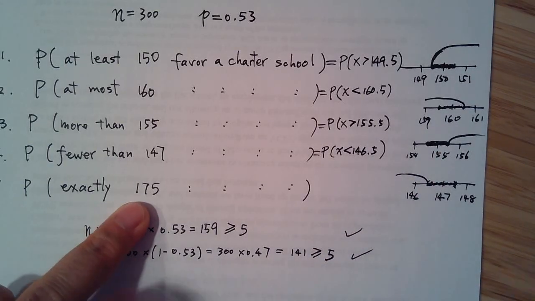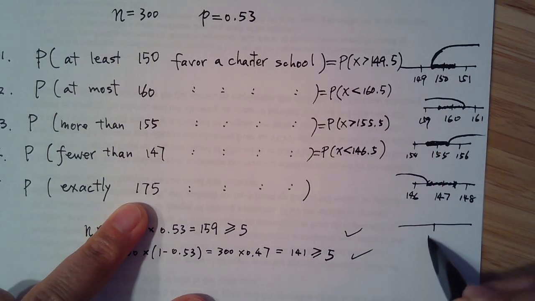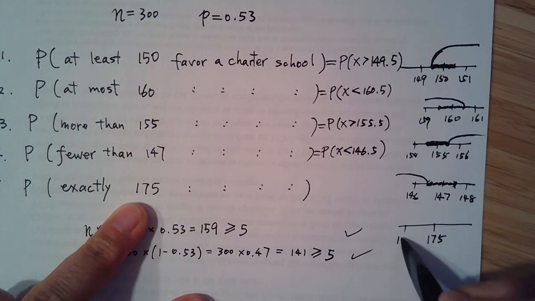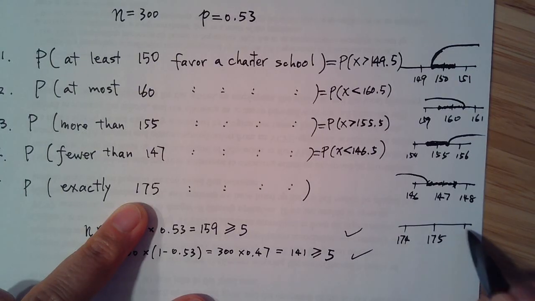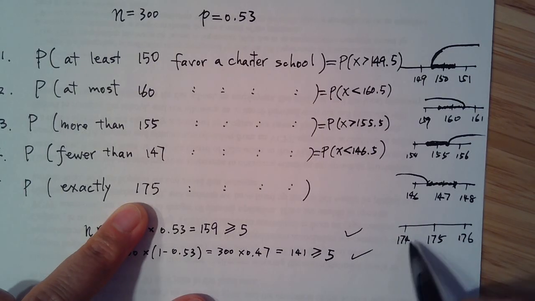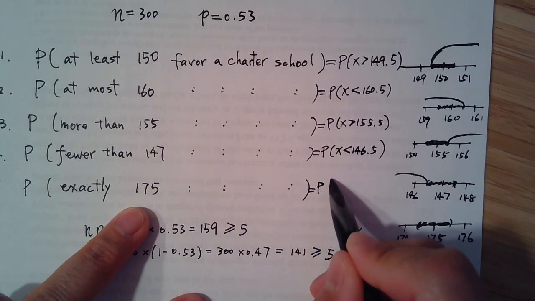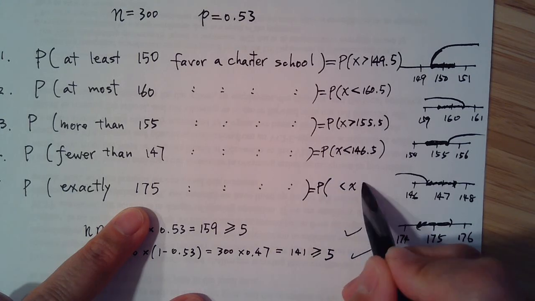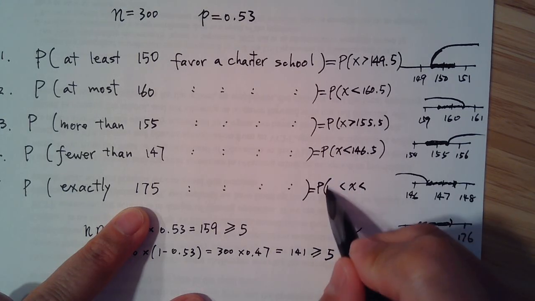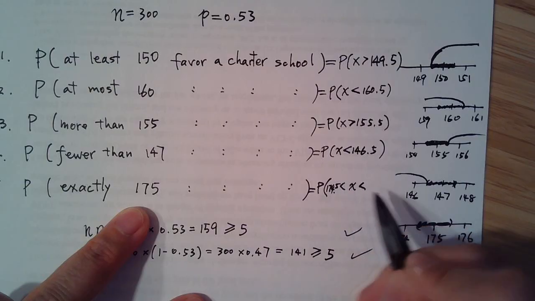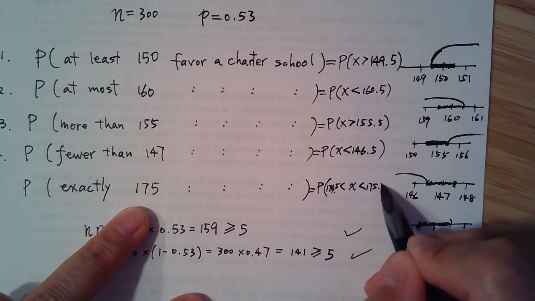However, for this one, when we talk about exactly 175, again you always write the neighbor two numbers, which is here. So that is the probability that x is between 174.5 and 175.5.